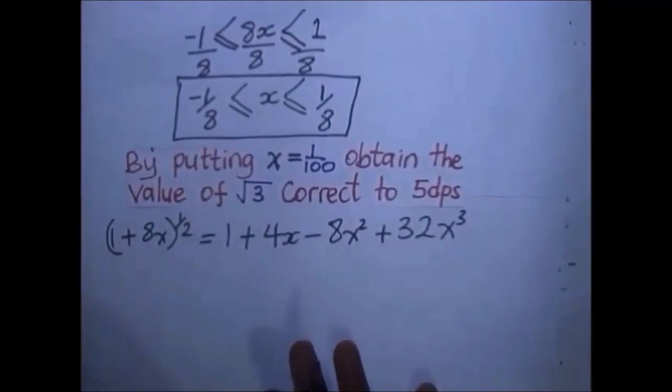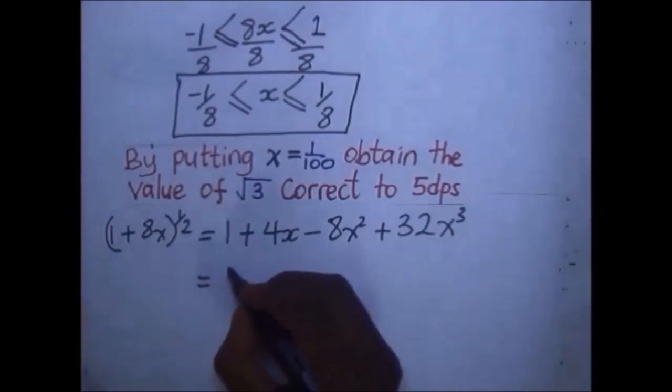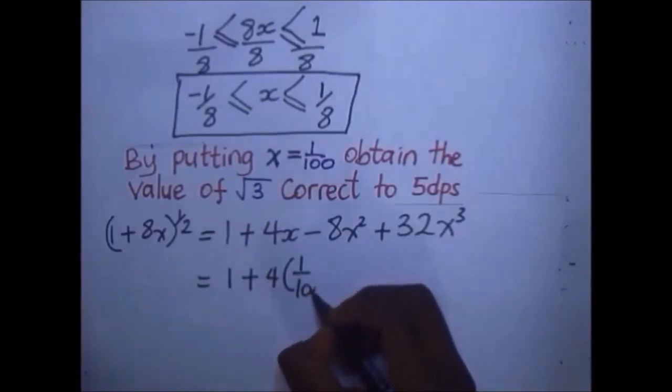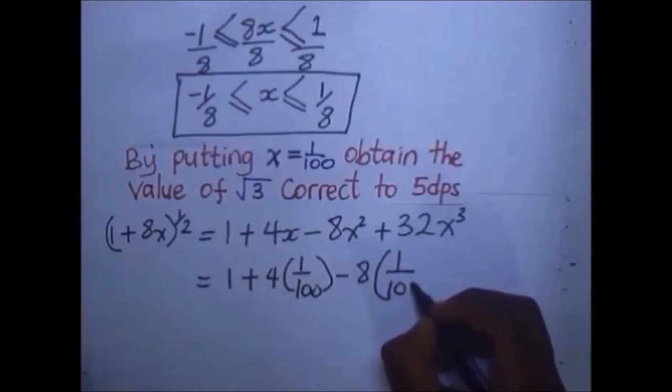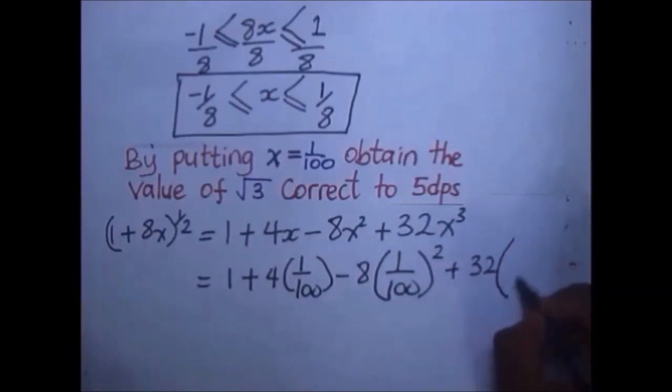Now putting our value of x as 1 over 100 means it's going to be equal to 1 plus 4 times 1 over 100 minus 8 into 1 over 100 squared plus 32 into 1 over 100 to the power 3.